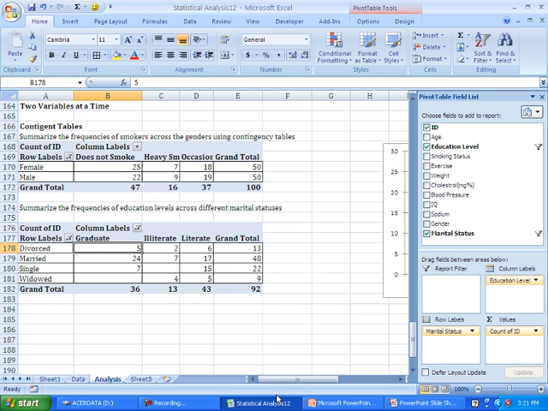Now, as far as this contingency table is concerned, people also express not just in terms of numbers, but they can also be expressed in the form of percentages, and the percentages also can be of 2-3 different types.